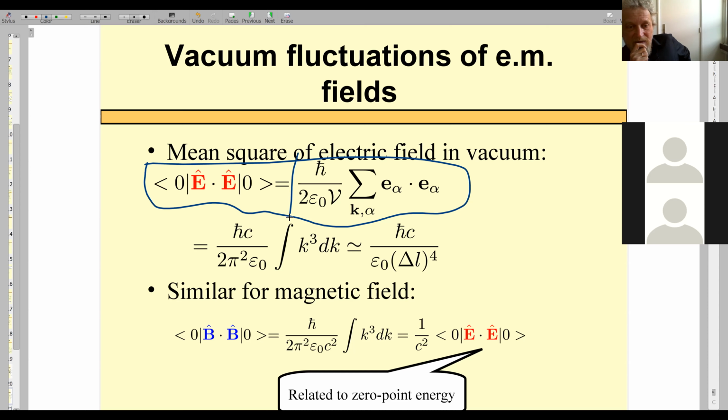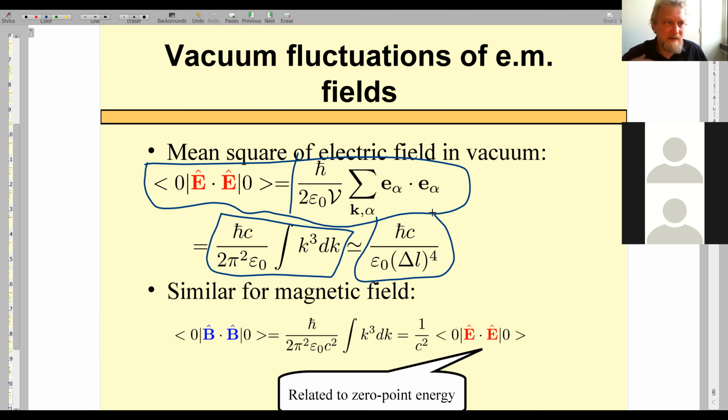It contains summation over k, and each k gives something. So I could reduce it to integration over k, but the integral will diverge, so I'd better cut it at some big k. I can count it on this space uncertainty which I just introduced. Fine. So the fluctuations of electric field are eventually of the same order of magnitude.